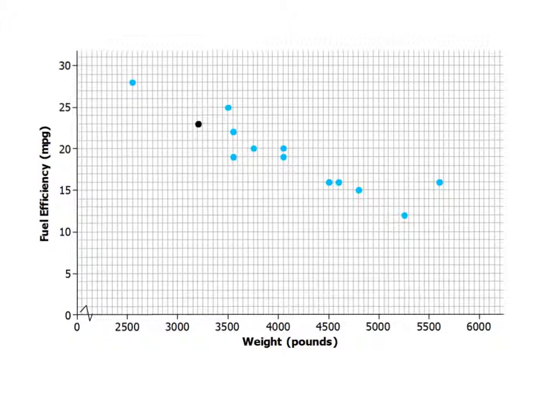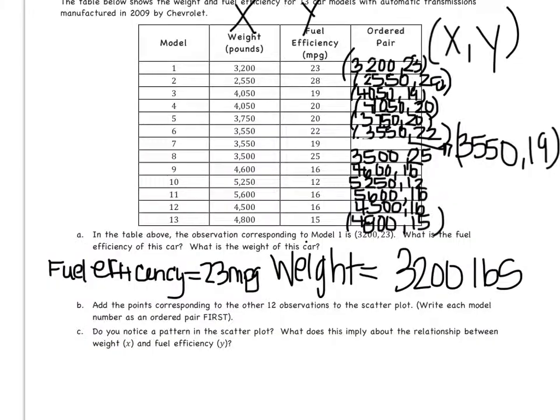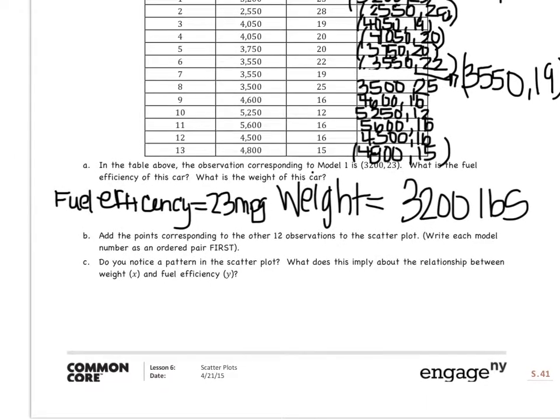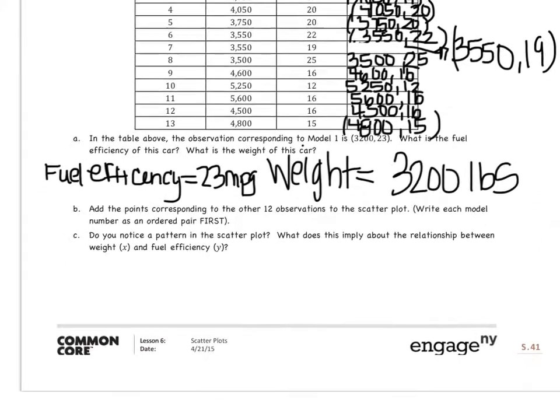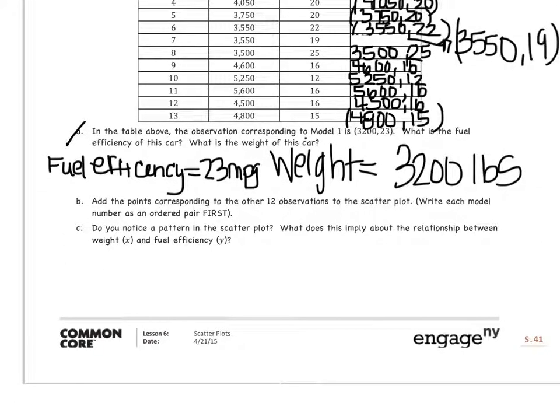All right, now after you're done checking your scatter plot, go ahead and flip back to the first page. A few questions to answer. We've already done A and B. So now the question asks, do you notice a pattern in the scatter plot? As you look at the scatter plot, have it next to you.